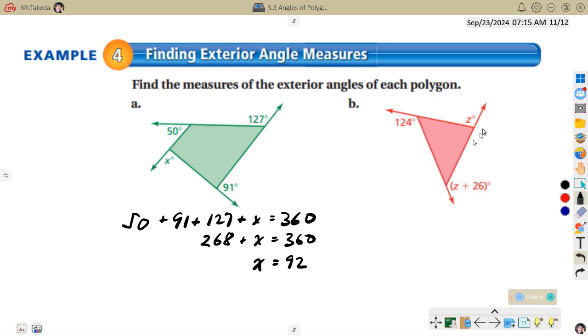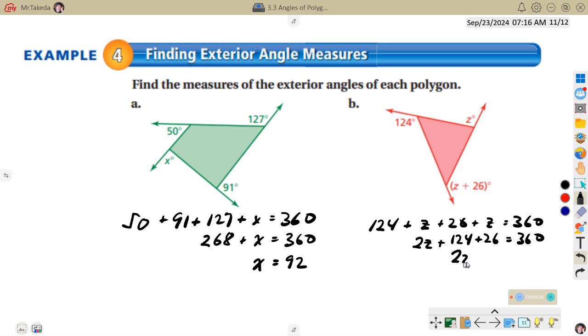And for this triangle here, it's the same deal. So 124 plus z plus 26 plus z equals 360. Collecting my z's, I'll have 2z plus 124 plus 26 equals 360. Adding 124 and 26 will be 150.